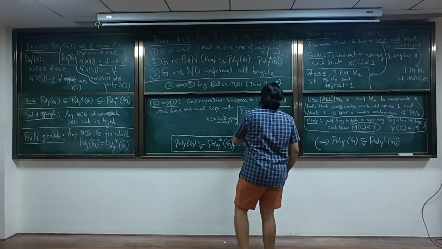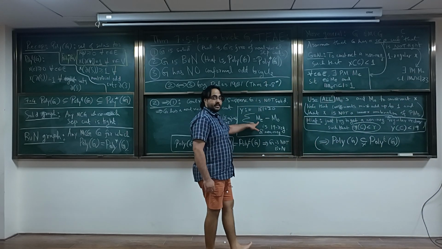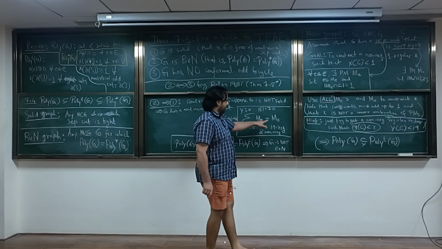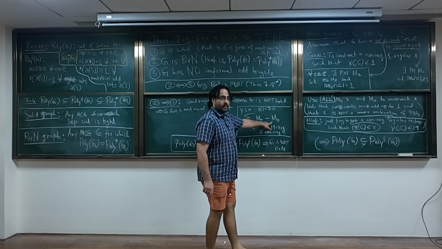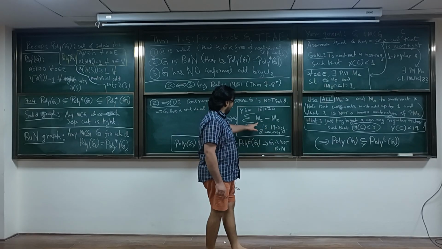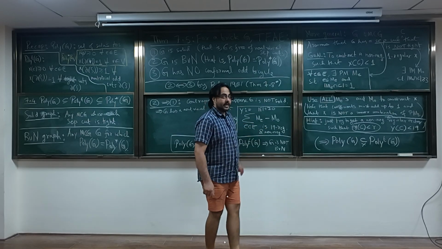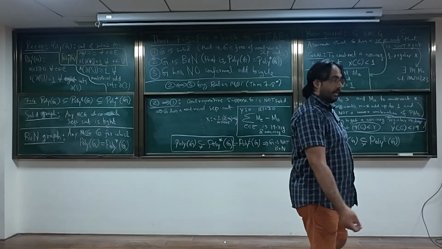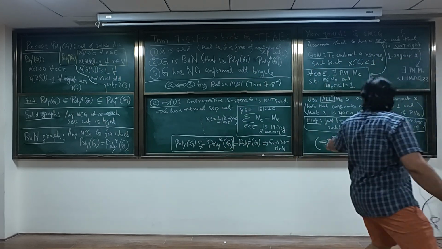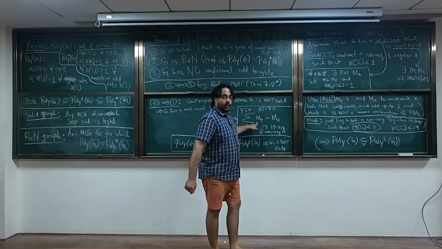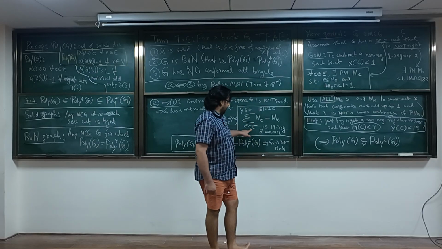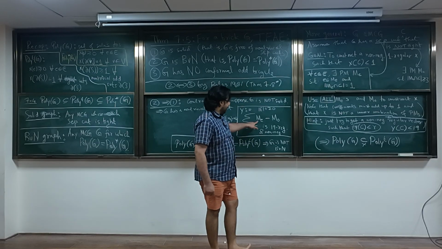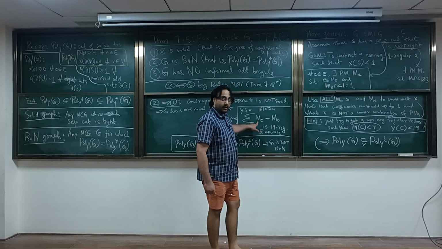So you have to think about M_e intersection C and M naught intersection C. Observe that M_e intersection C is at least 1 for each M_e, because C is an odd cut. So each of these will contribute at least 1. I have 20 perfect matchings, so I will get 20 over here.